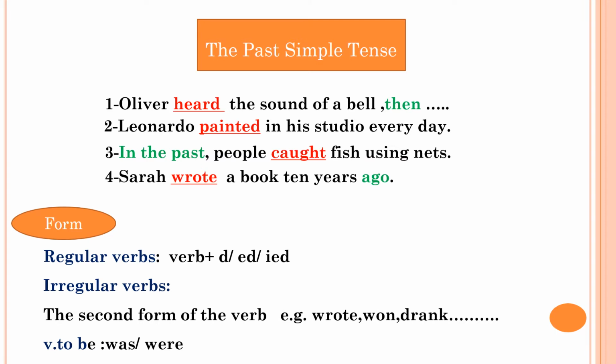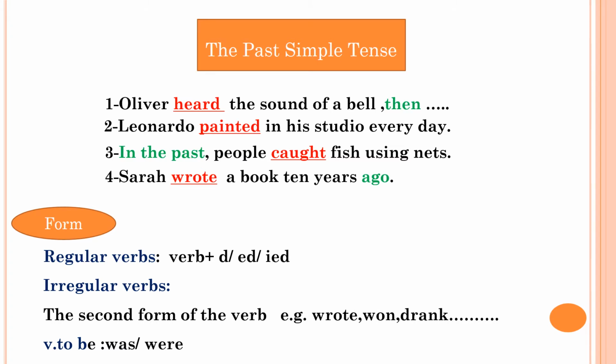Then, what is the form of the past simple tense? When I ask you about the form, you can tell me. If we have regular verbs like play, study, paint, we use the verb plus d or ed or ied.